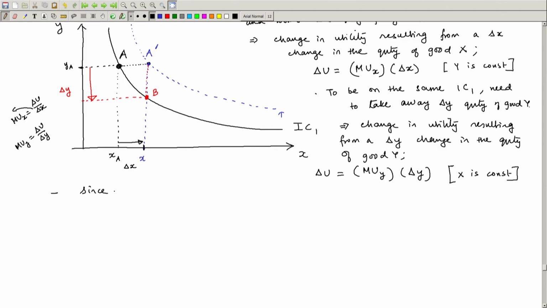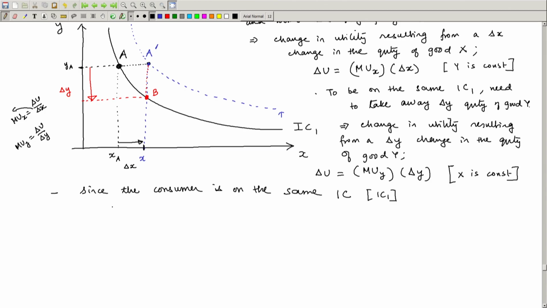So, since the consumer is on the same indifference curve, which is initially he was at A, now he is at B, what do I know? These two things must effectively cancel out, right. One, the increase making him happier, and the decrease which is making him sad must cancel each other out.